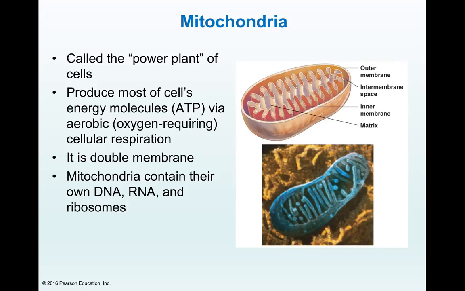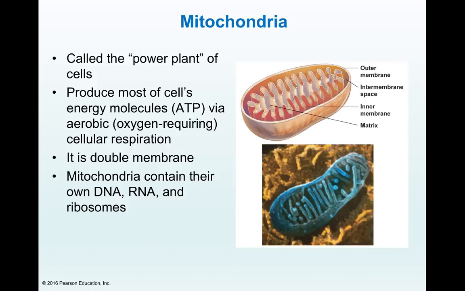The next structure we have is called the mitochondria. As you can see, one of the most important characteristics of the mitochondria is the presence of a double membrane. The inner folds are the first membrane, and then you have the outer membrane. The job of the mitochondria is to produce ATP from the food or nutrients that you have consumed.